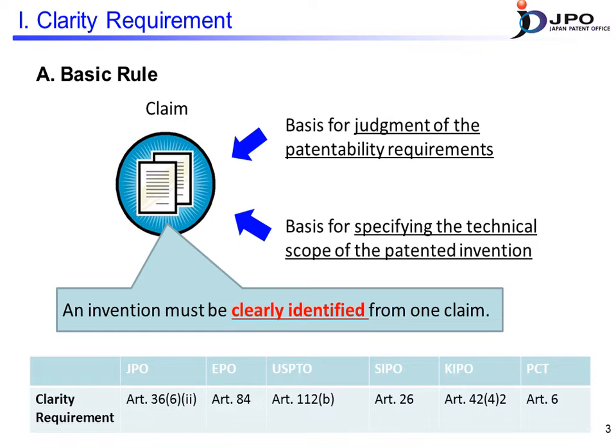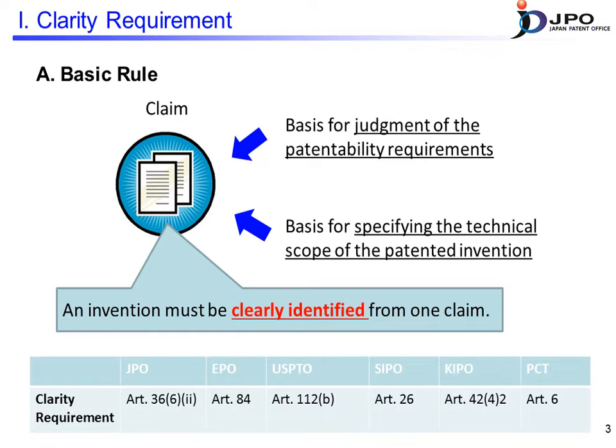Examiners identify an invention for which a patent is sought based on the statement in the claim, and they then judge whether the claim fulfills the patentability requirements, such as novelty and inventive step. Second, claims serve as the basis for determining the technical scope of the patented inventions after the claims are patented.